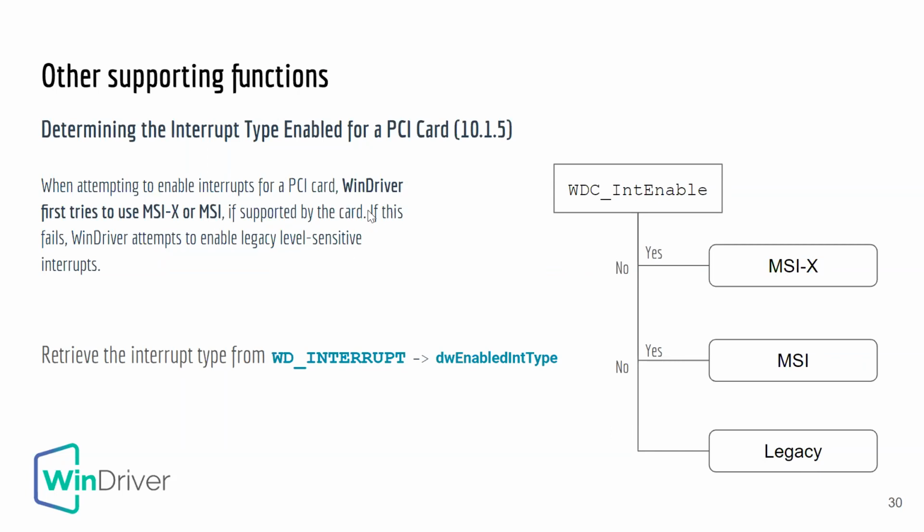If both MSI-X and MSI fail, it works with legacy. It enables the legacy level-sensitive interrupt. So this is another thing we spare you from, the need to define which interrupt to use. It goes to the most advanced one and then starts downgrading.